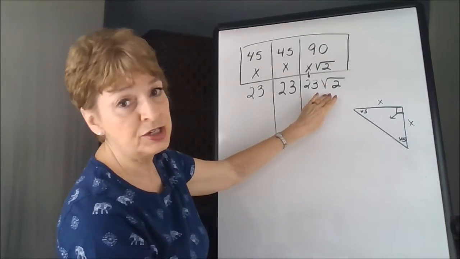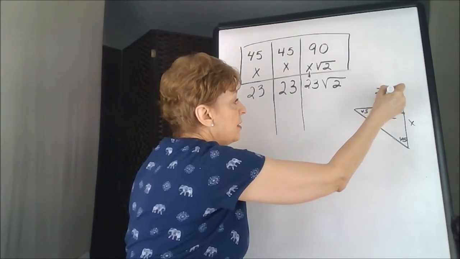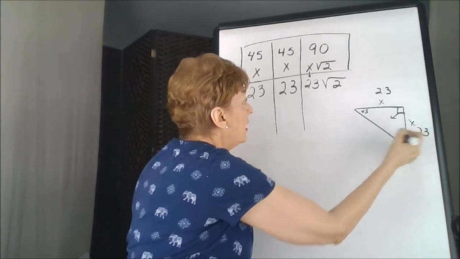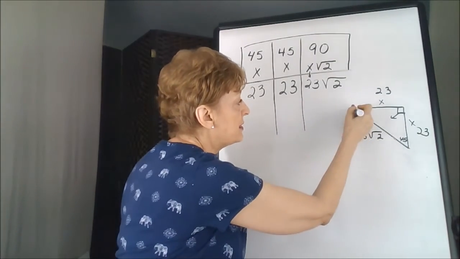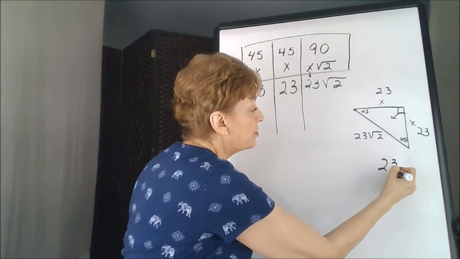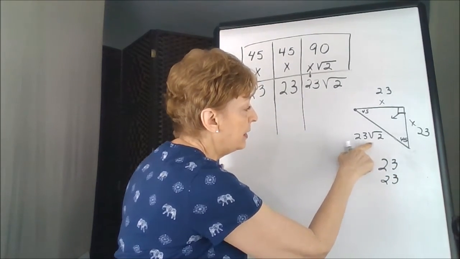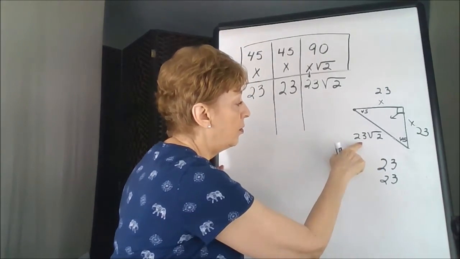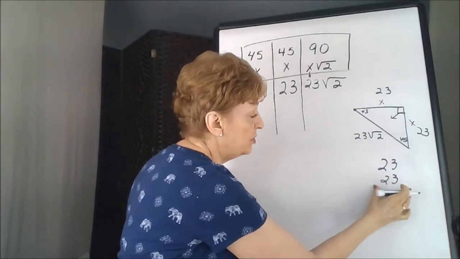Now if we wanted to do a perimeter of this, let's say we had 23, we have 23, and we have 23 radical 2. We would simply start at one of the vertices and add up the figures around it. 23. This one I can't use right now because it's a whole number and a radical, and those are separated from just the whole numbers.